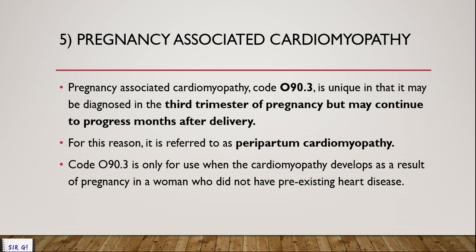Pregnancy-associated cardiomyopathy. When you use your index, you need to use pregnancy first and then peripartum. You cannot find this one in your index without using that. You cannot go ahead to cardiomyopathy. Now, pregnancy-associated cardiomyopathy code O90.3 is unique in that it may be diagnosed in the 3rd trimester of pregnancy but may continue.